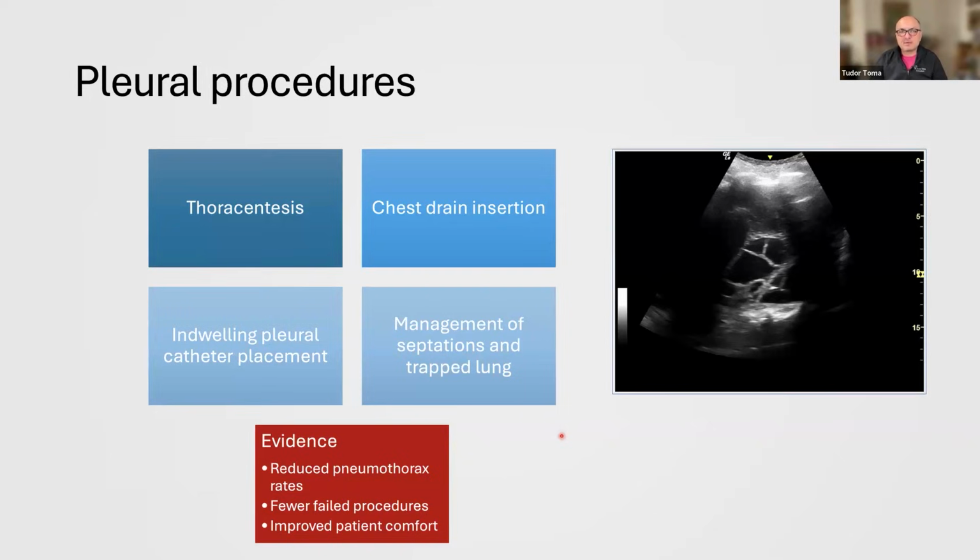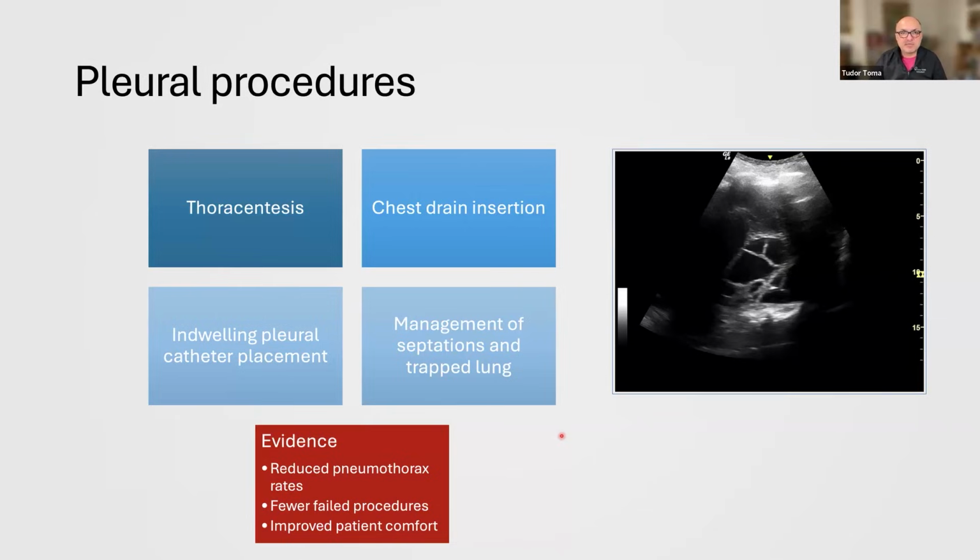In the UK, there was this National Patient Safety report in 2006, which picked up the fact that chest drains inserted by, including, respiratory physicians without the ultrasound would end up in other organs than the pleural space, like heart, spleen, liver, and that made ultrasound compulsory for chest drain insertions.